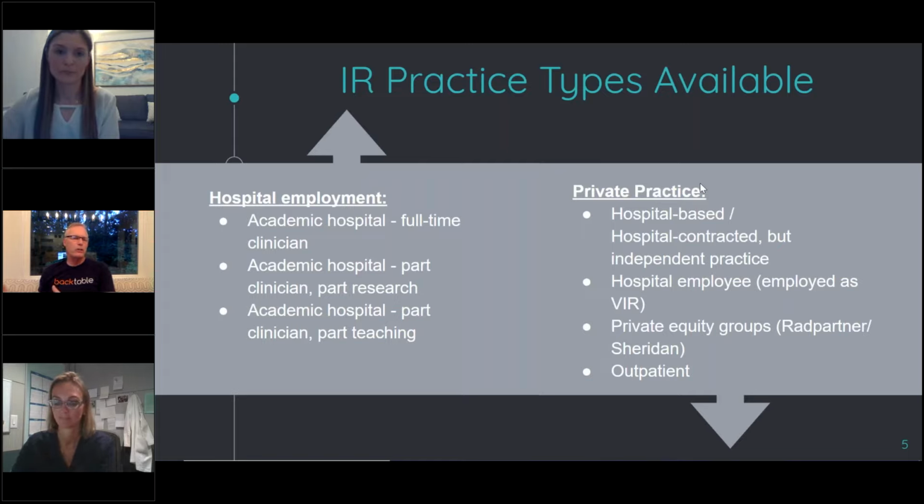Now, you can do research, particularly clinical research, in a private practice setting, but I think you have to figure that out first. For me, I don't care for hospital practice with other radiologists.